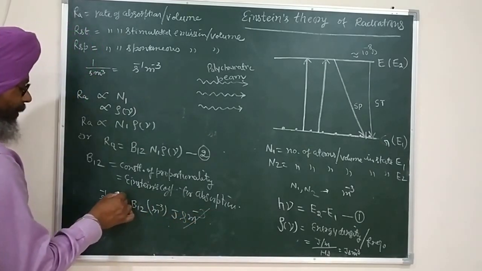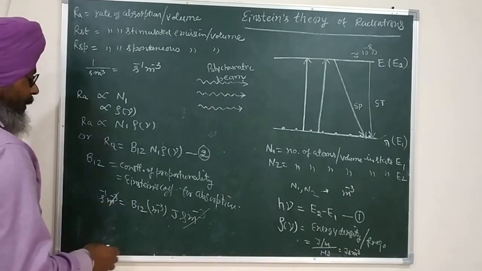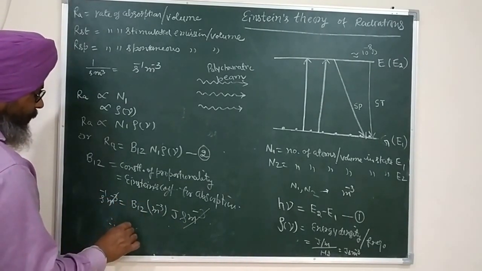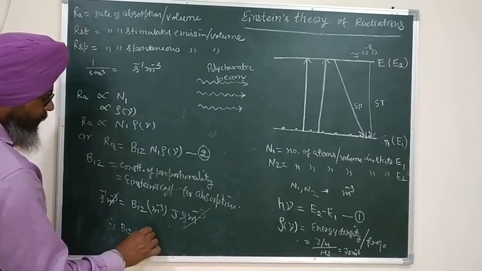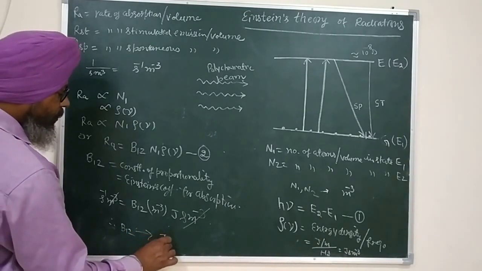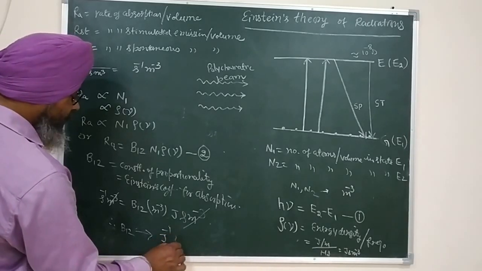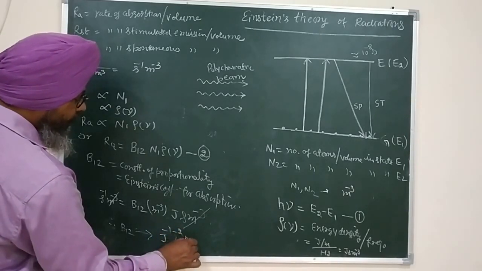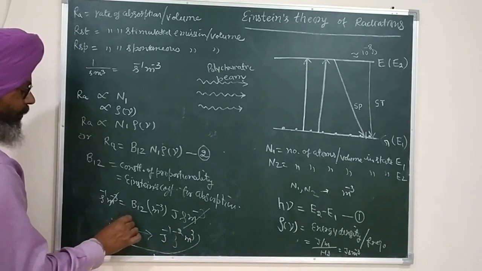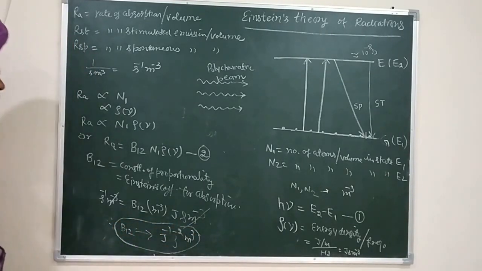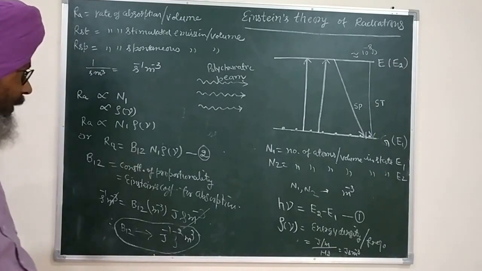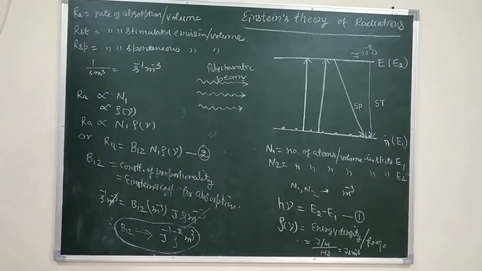This meter power minus 3 will get cancelled, and therefore the B12 unit will be joule minus 1, second minus 2 and meter 3. This will be the unit of this coefficient B12. You can verify it.